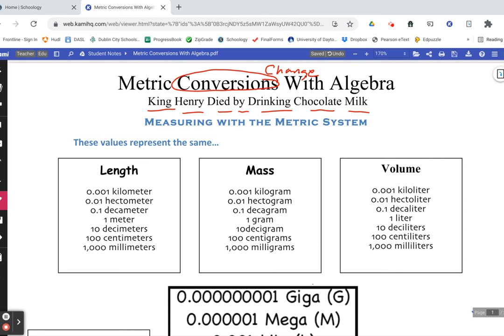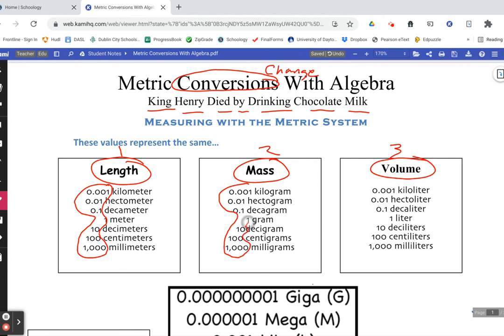If we look down here at length, mass, and volume, these are three different types of measurements. If you look at these three boxes, box 1, 2, and 3, you can make some observations. Within each box, you'll see there are numbers. These numbers are the same in each of the boxes.